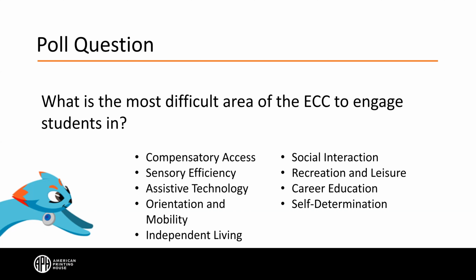The top categories look like independent living is hard to teach, self-determination, social interaction, assistive technology, then it goes down to less popular choices like compensatory access, recreation and leisure, and then finally O&M. No one chose sensory efficiency. Thank you guys for taking that poll. Lots of different responses there. We'll hand it back over to our presenters.